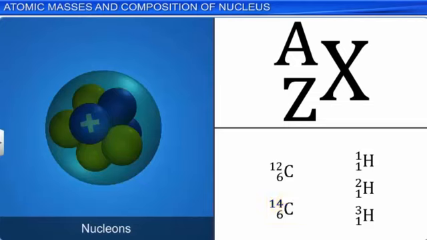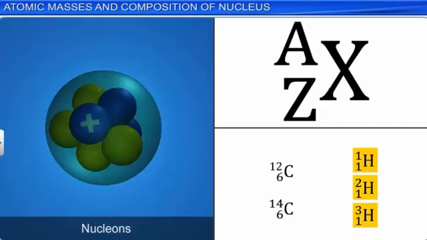Isotopes are nuclides of the same element, but with different mass numbers. For example, carbon-12 and carbon-14 are said to be isotopes of the carbon nucleus. Similarly, H-1, H-2, and H-3 are said to be the isotopes of the hydrogen nuclide.